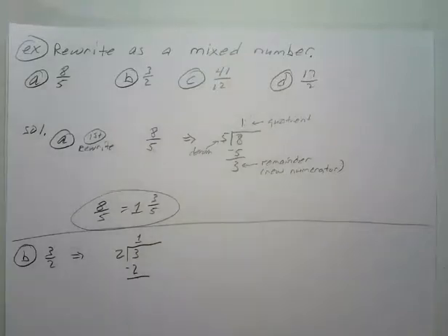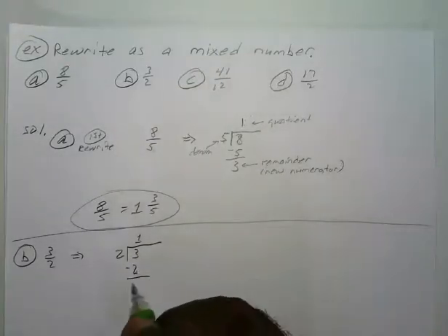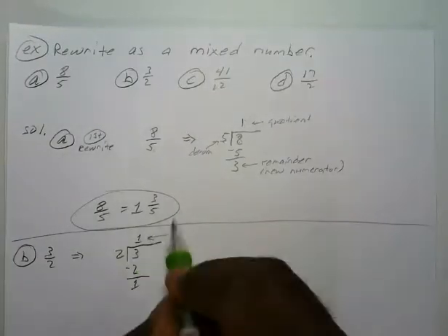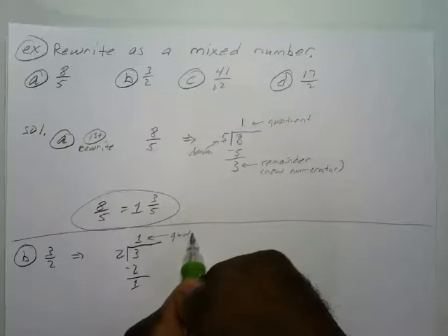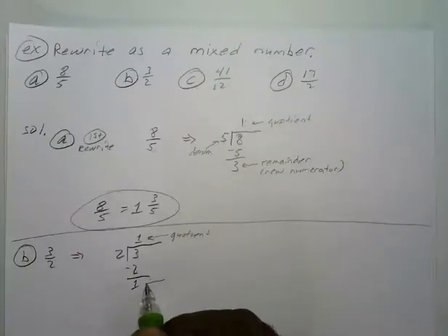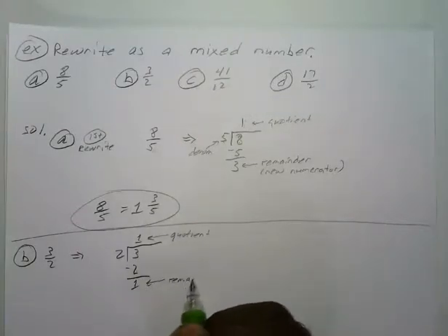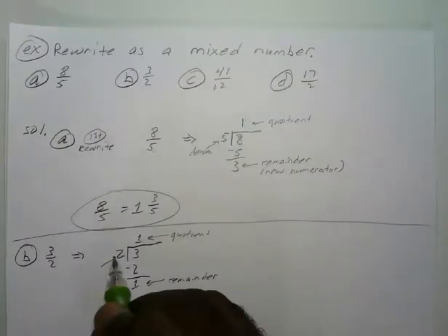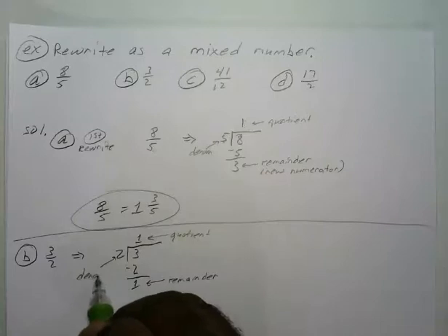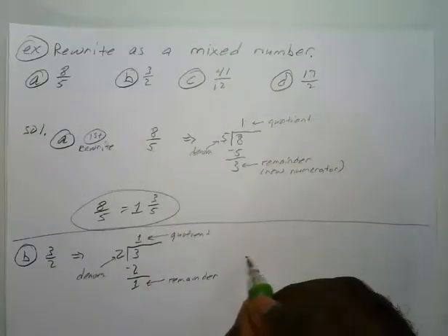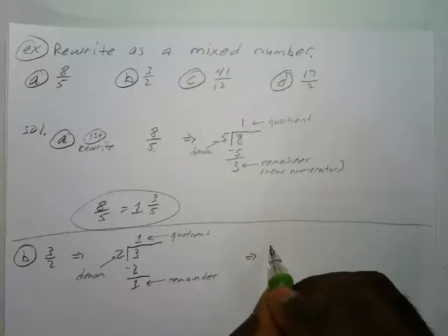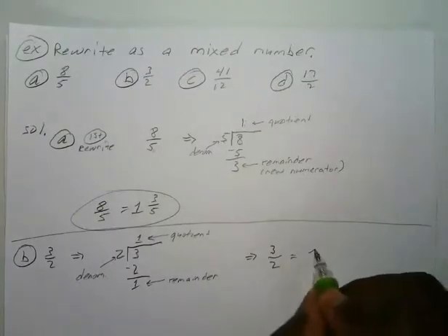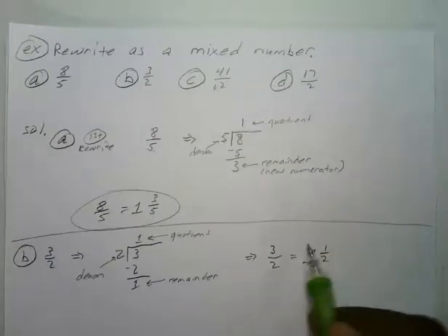We subtract. 3 minus 2 is 1. That's your quotient. That's your remainder. Remember, your remainder becomes your new numerator, and your denominator stays the same. So that tells us that 3/2 is equal to 1 1/2.